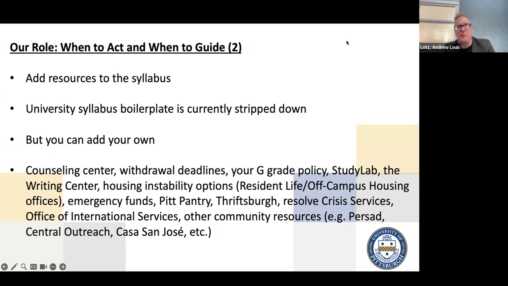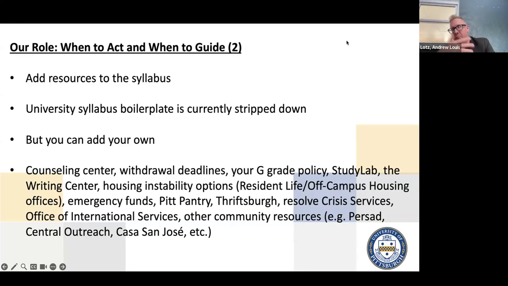The Pitt Pantry if they're experiencing food insecurity, Thriftsburg if they need clothing, Resolve Crisis Services if they're expressing self-harm or you're concerned about that. The Office of International Services, if they're stressed about what's going on and they're an international student. There are other community resources.